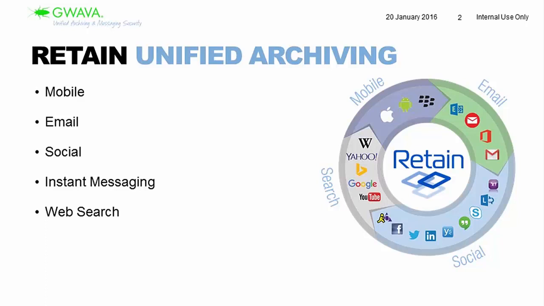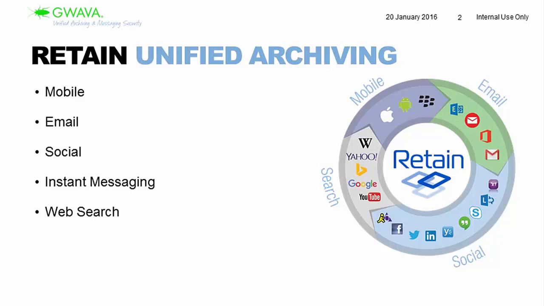Just as a review, we call Retain the Unified Archiving Solution. The reason for that subtitle is that Retain is different from our other archiving solutions in the sense that all electronic communication is archived in one central location. That's what we mean by unified archiving. You don't have to have multiple solutions for each kind of electronic communication you're using.